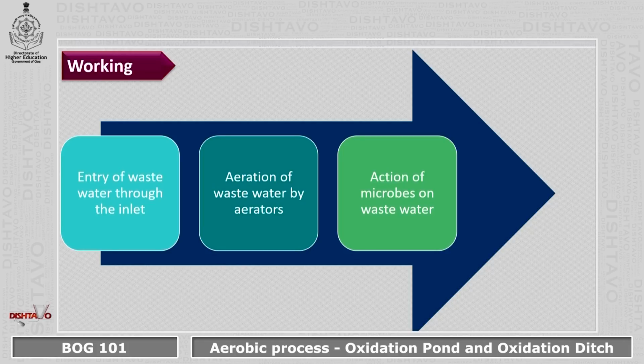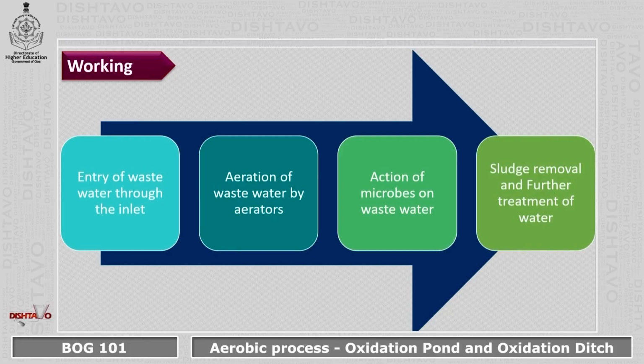The microbes act on the organic matter present in the wastewater. After sufficient retention time, the sludge that is formed is removed and the effluent is sent for further treatment.